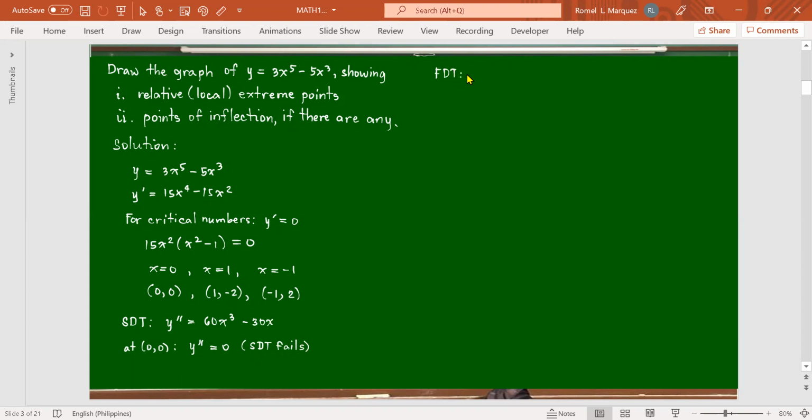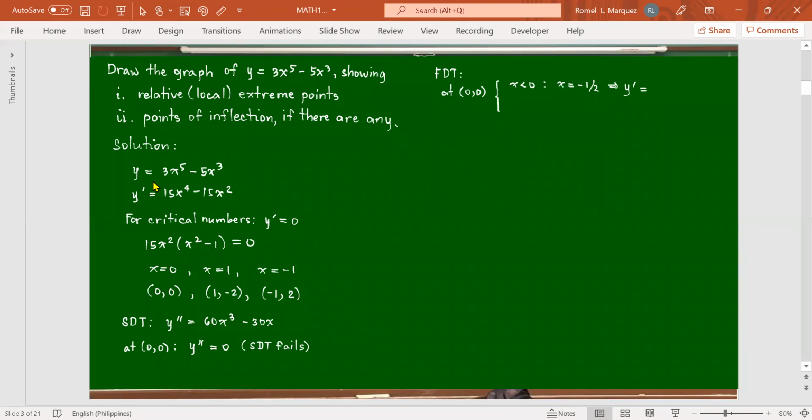By first derivative test, we're going to check the value at 0, 0, to the left of 0, but not going beyond negative 1. So let's say x is negative 1/2 or negative 0.5. What is the value of y prime when x is to the left of 0, that is negative 0.5?